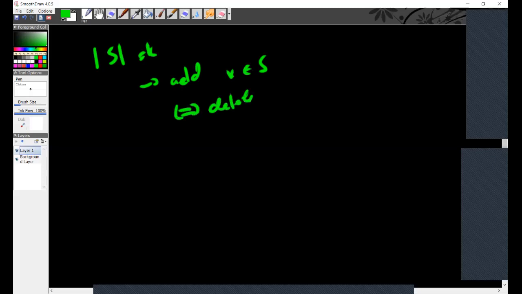So let's think about it. What am I doing every time? Let's say my set size is K. Every time I add some V into S, I need to delete D plus 1 vertices from the graph.